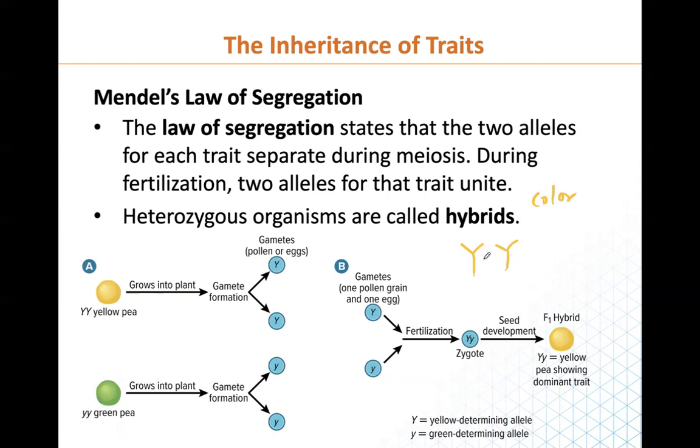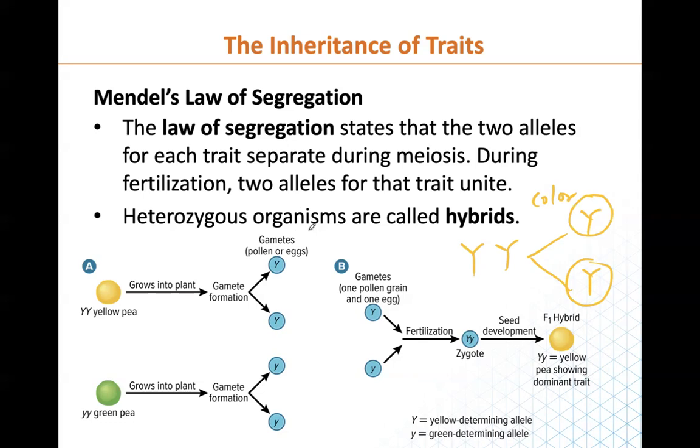So when a gamete is about to form, they would separate into two individual alleles. So this is what the law of segregation says. The two alleles for each trait will separate this way during meiosis. So during fertilization, the two alleles for that trait would reunite again.